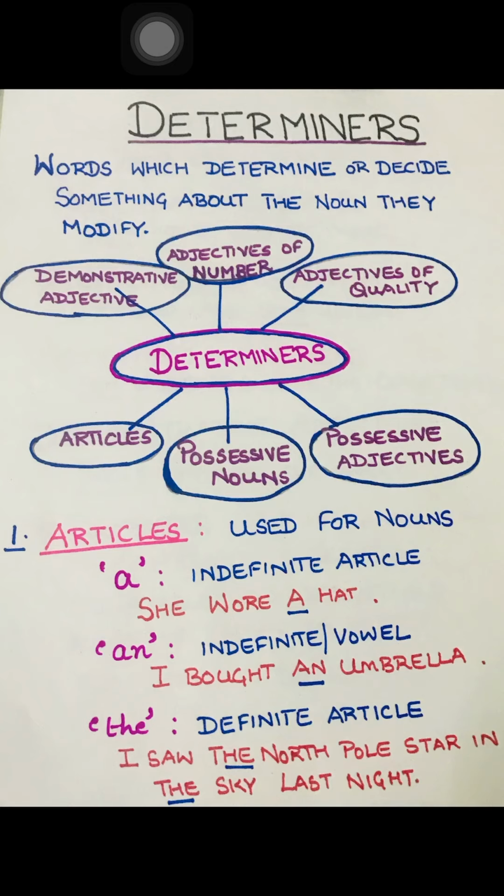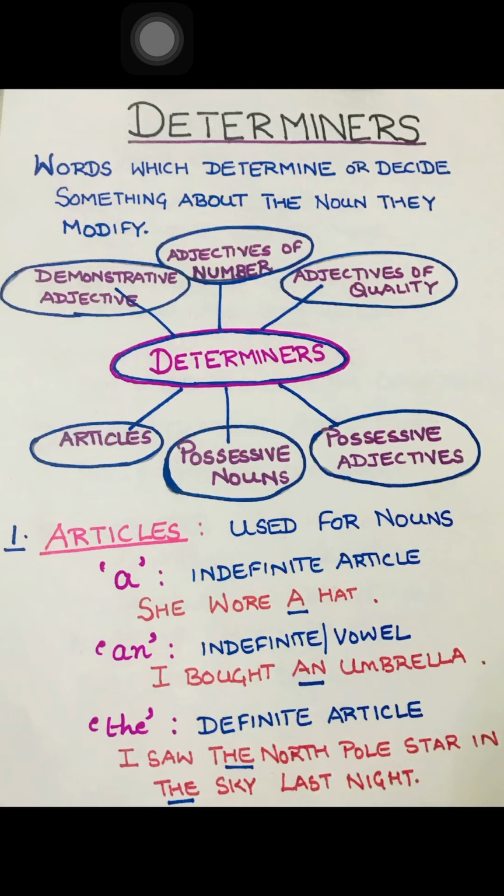Okay? While I read the sentence again, please listen. She wore a hat. We don't know which specific hat was worn by the lady. Nothing is specific. So, a is an indefinite article and we generally use it for a common noun.